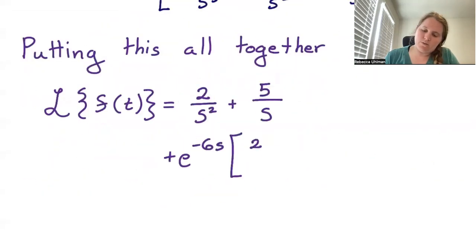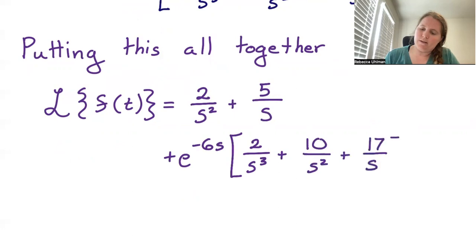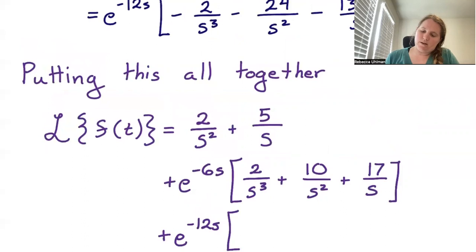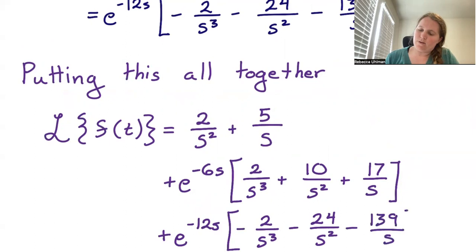And then our last piece, we should have a plus e to the negative 12s times negative 2 over s cubed minus 24 over s squared minus 139 over s.